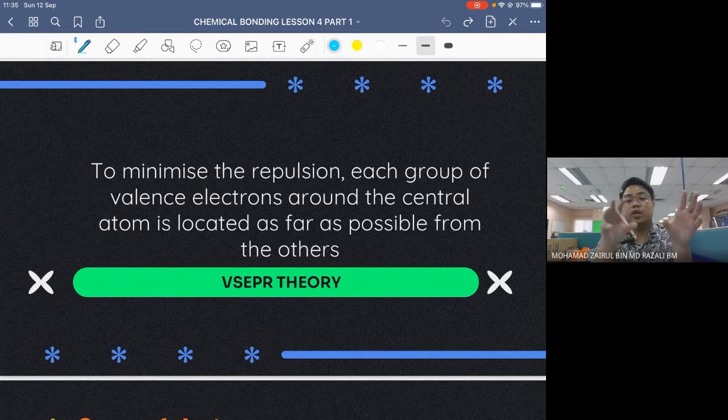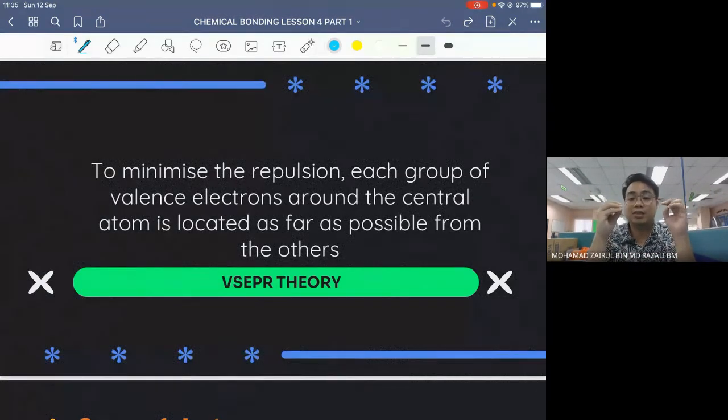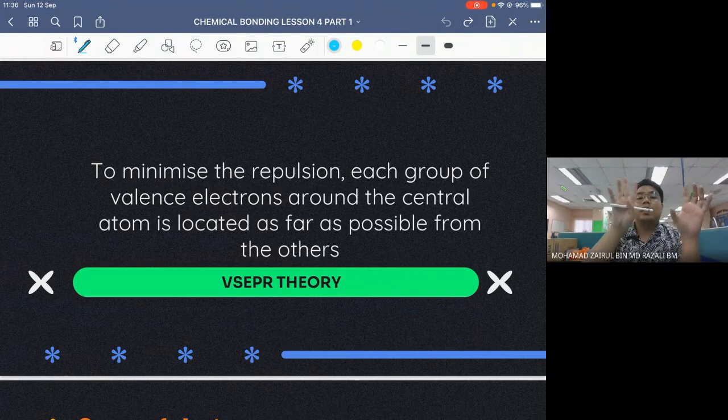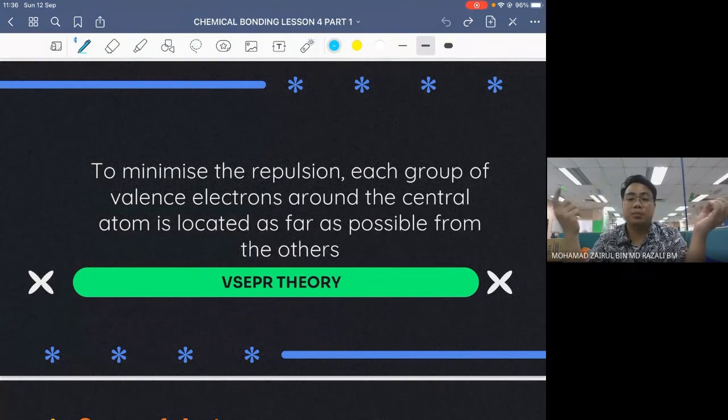When more than one electron is located near each other, since electrons have the same negative charge, of course they will repel each other. So both need to be located as far as possible so that the repulsion is reduced and the molecule becomes stable.